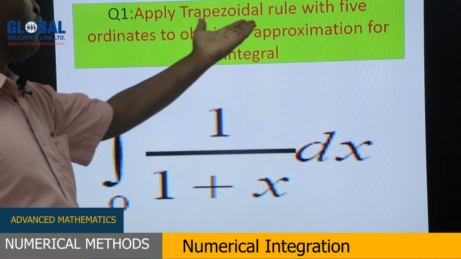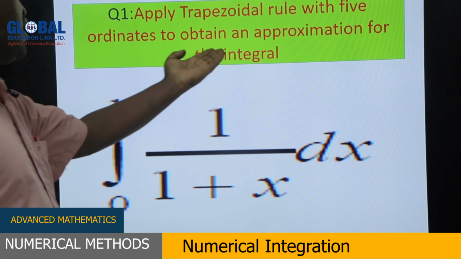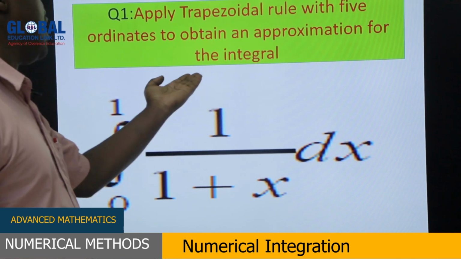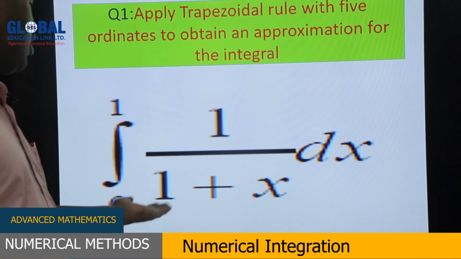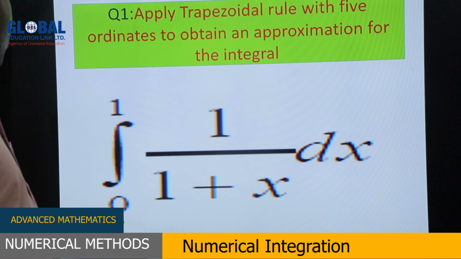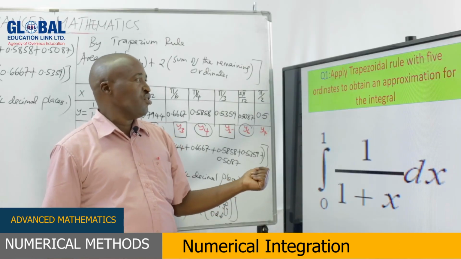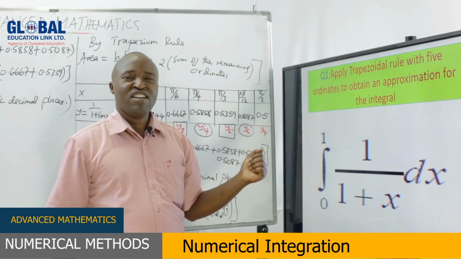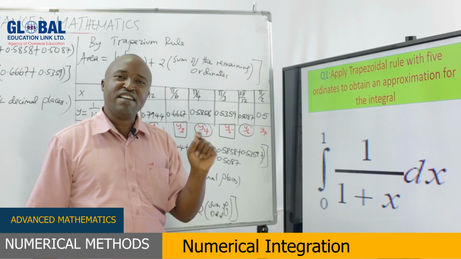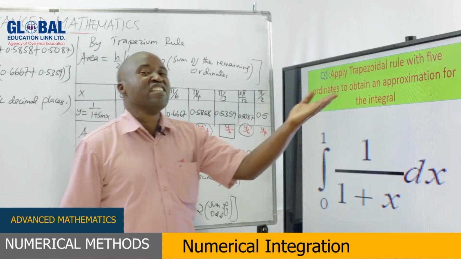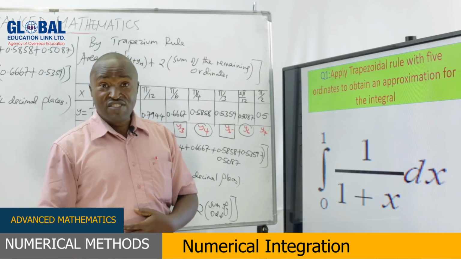Apply trapezoidal rule with 5 ordinates to obtain an approximation for the integral of 1 over 1 plus x, the interval is from 0 to 1. I'm sure you know the meaning of ordinate. When they are talking about ordinates, remember to minus 1. Just take n minus 1. So what is n? n is 5. Just take 5 minus 1. That is very important for you.